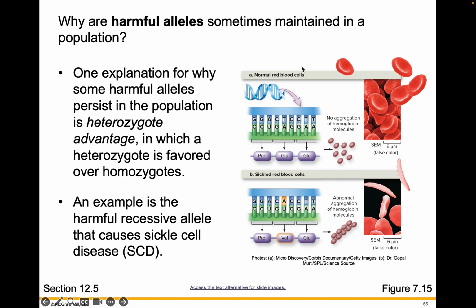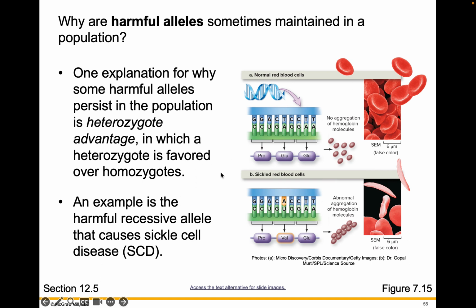So normal red blood cells have this nice round shape. If you are heterozygous for the sickle cell allele, you will have normal shaped red blood cells.